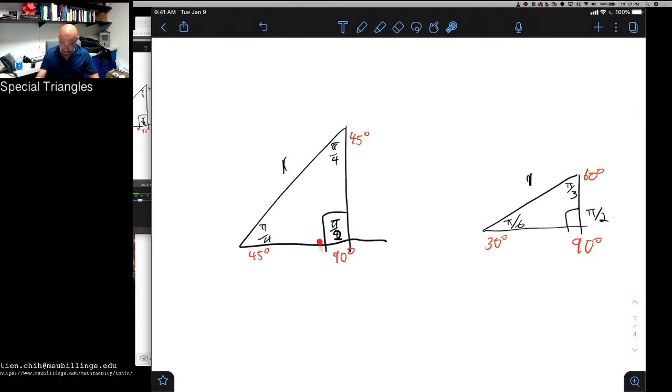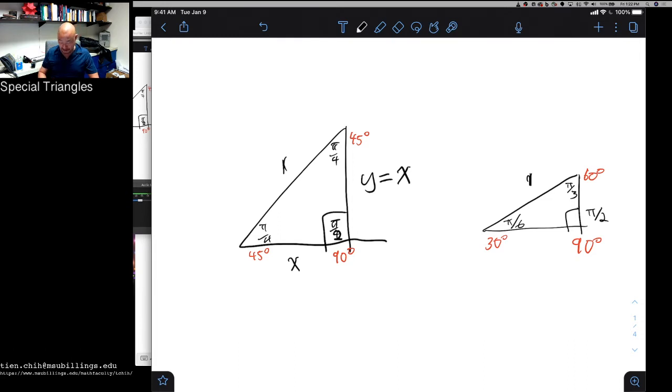You have one angle here and then these two angles that are identical. Since these angles are the same, the opposite side lengths also have to be the same. So if I call this x and I call this y, this y has to be the same thing as x.